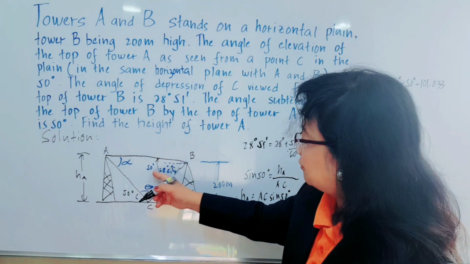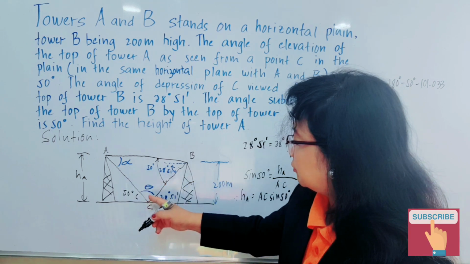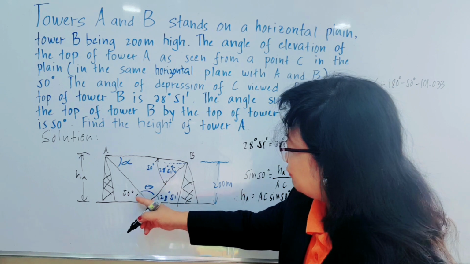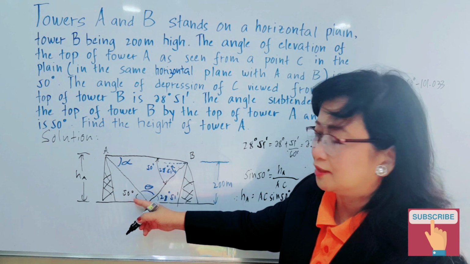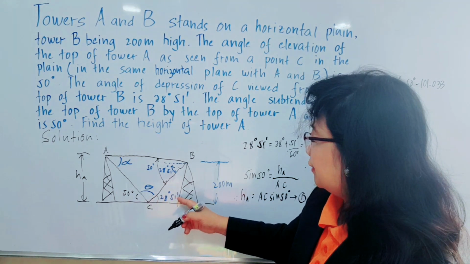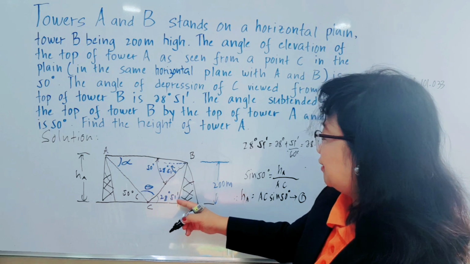Now, we have the given 50 degrees. Here, theta and this alpha we have to look for. We can find theta by subtracting 180 minus 50 minus 28.85 degrees.